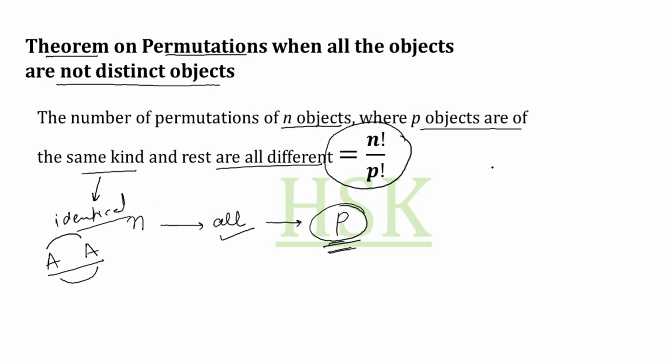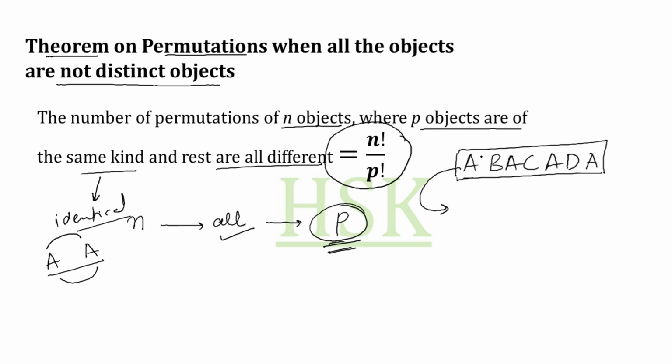Now we are going to consider an example. The example is like this. We have these letters A, B, A, C, A, D, A. These letters are taken. So I make a problem like this: how many arrangements of these letters are there if all letters are taken together?